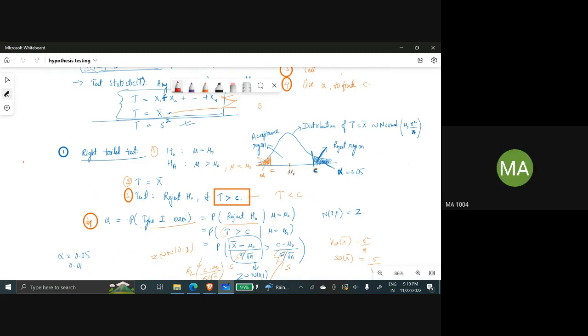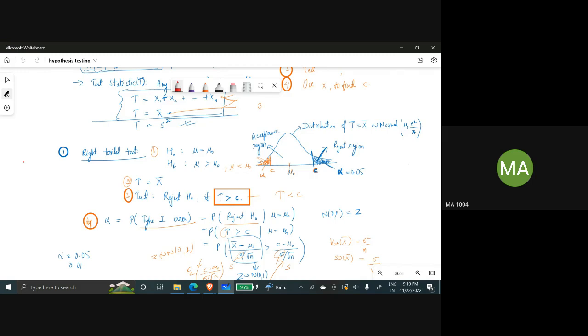Okay. So you have three tests for mean. In this week, we have seen just the Z test. In the Z test, we are testing only for mean, and you have three different variations.